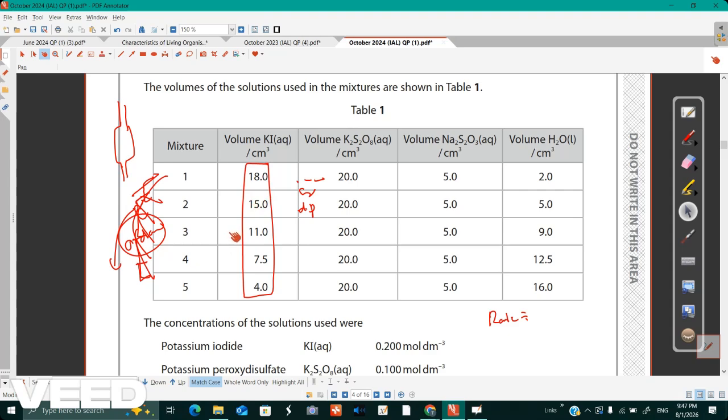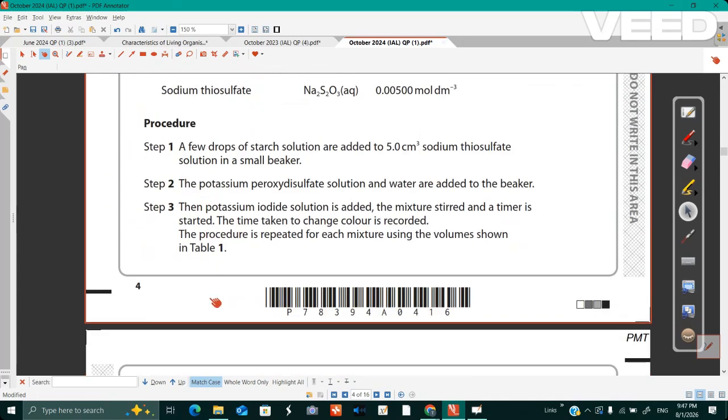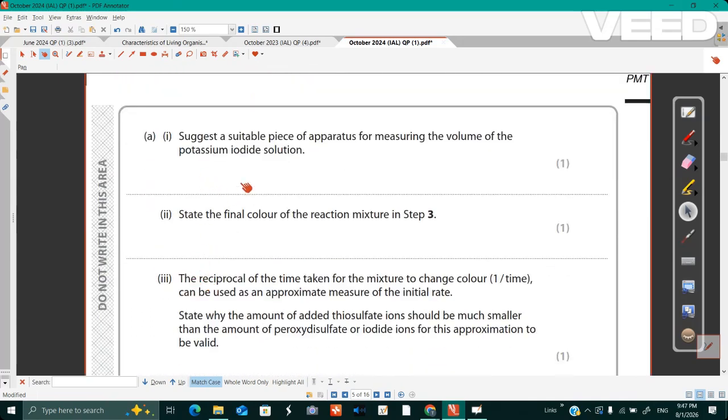If you write only pipette, your answer is wrong, because there are two types of pipettes, fixed volume and graduated. So you must mention graduated pipette. For burette also they will give you marks, but I don't like that answer, because if they had used burettes, they could have given the values up to 2 decimal places. So the answer is graduated pipette or burette.